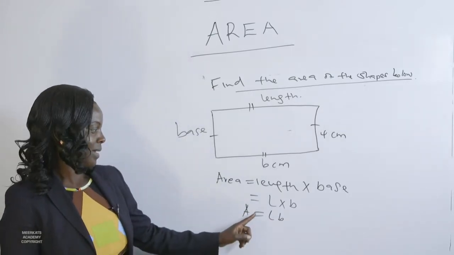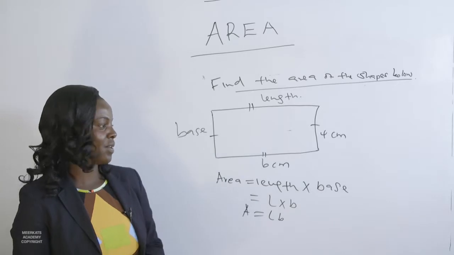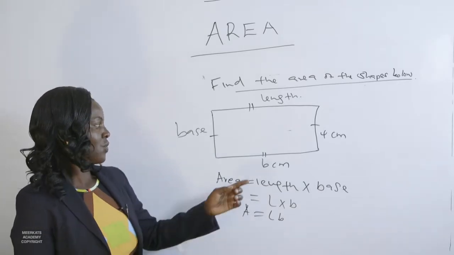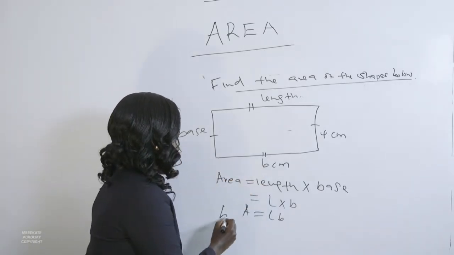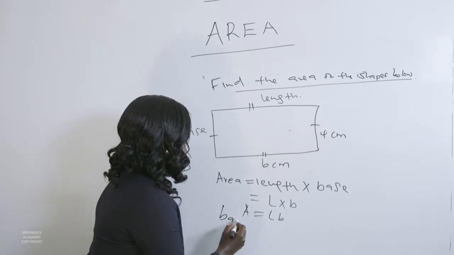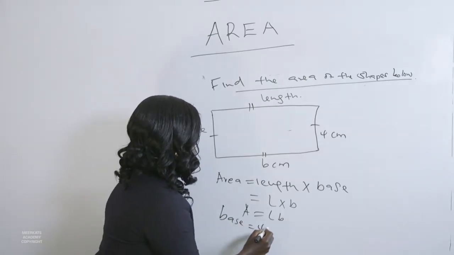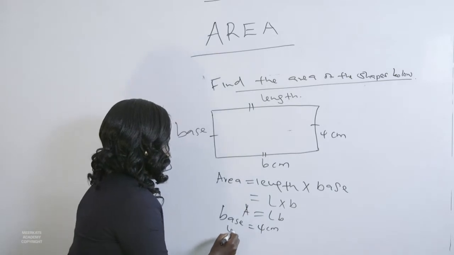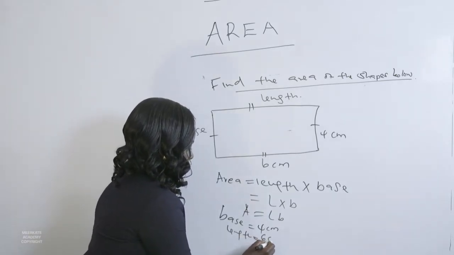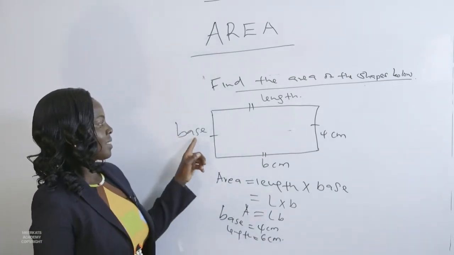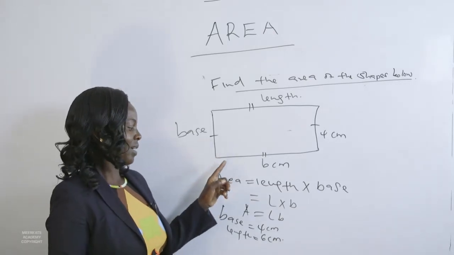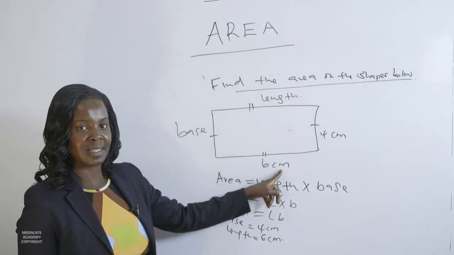If that is the case, then how do you calculate the area of this rectangle? You realize that our base in this case is 4 centimeters, and our length is 6 centimeters.